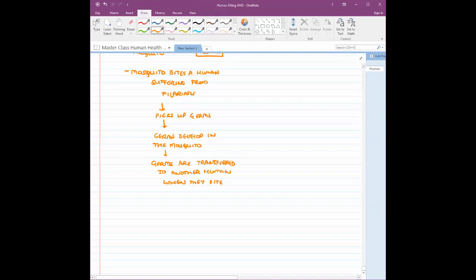This is how a healthy person gets the disease, guys. And for this, you will see that these germs undergo 5 stages of molting.